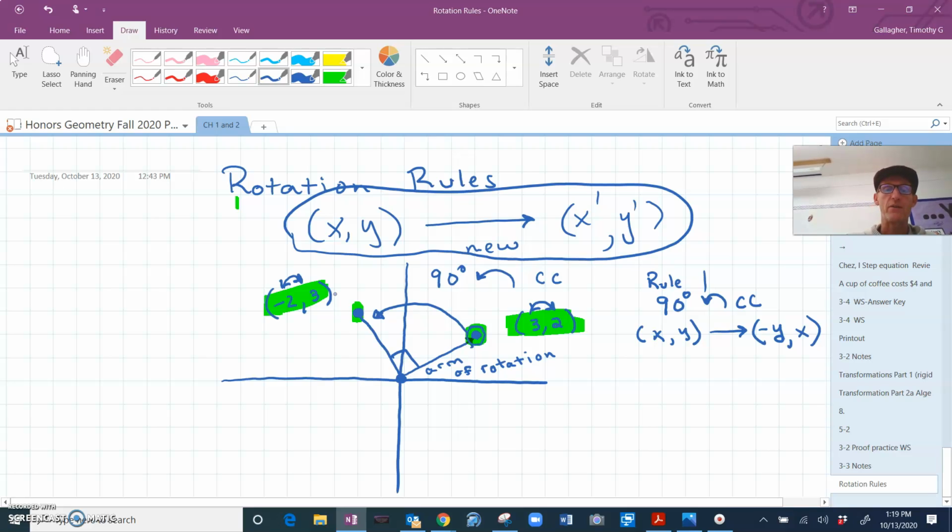Well, that's kind of tricky, I know. So let's take a look at what happens if I take this point and rotate it 90 degrees this way, clockwise.